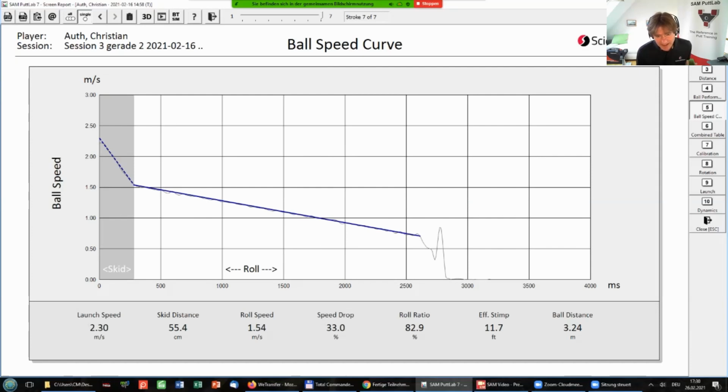Here we see the bump into the hole and the ball stops, but you see that these linear regressions for skid phase and for roll phase match up perfectly with what the ball actually does based on what the camera measures. So our data is very, very accurate. We don't fake it in a way that we just show estimations. You can also look at the raw data. This is very accurate, what we can do here.